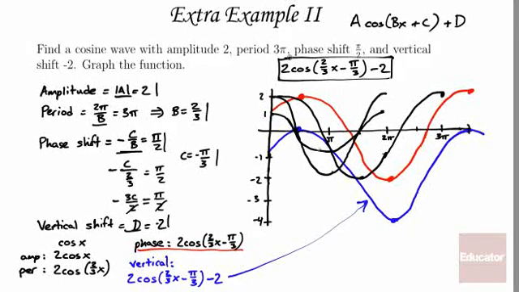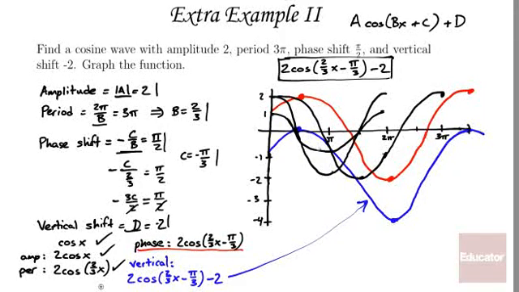And then to actually graph it, we start with a basic cosine curve. We introduce the amplitude. Remember, it's very important to do these in order. Introduce the amplitude where you expand it up and down, so the thing actually stretches out. We introduce the period, which collapses it horizontally or stretches it out horizontally.